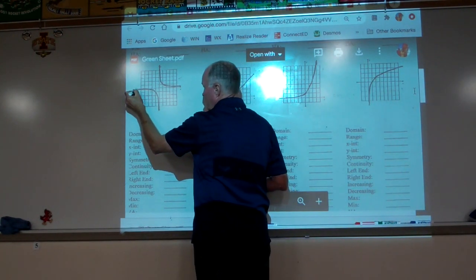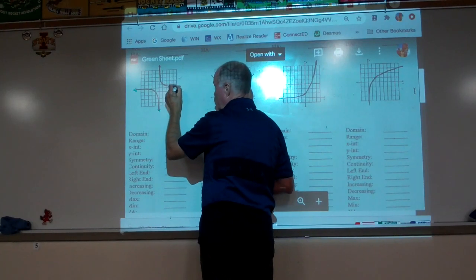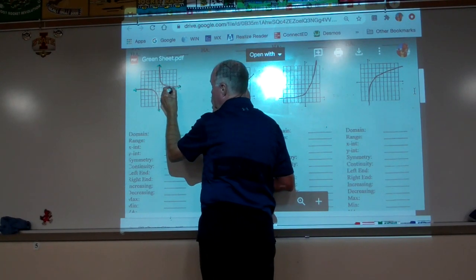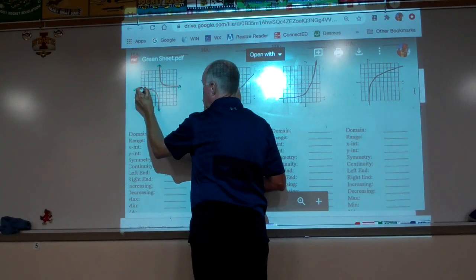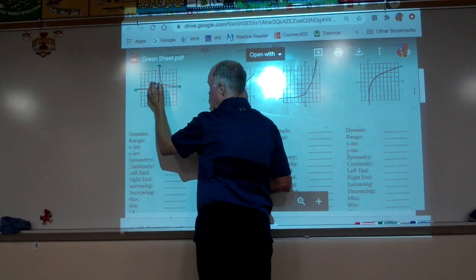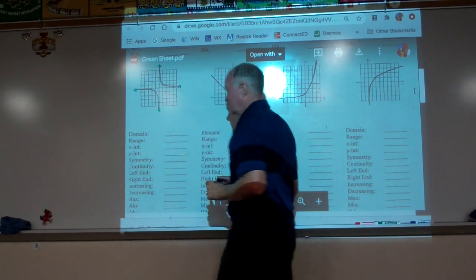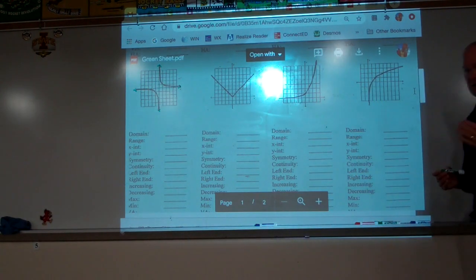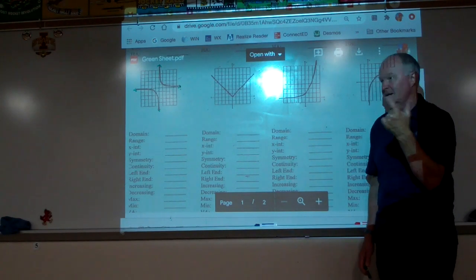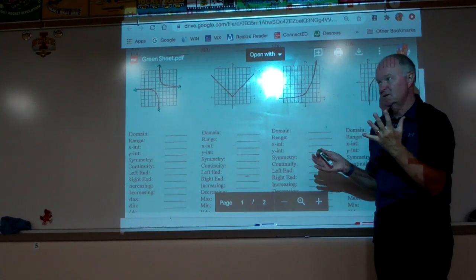I like to put arrow there, arrow there, arrow there, arrow there. It's hard for you to do these. There are vertical dashed lines right there. And the one thing you notice about this, could you take your pencil and draw that without picking it up? Nope. So there's going to be an issue in this domain.